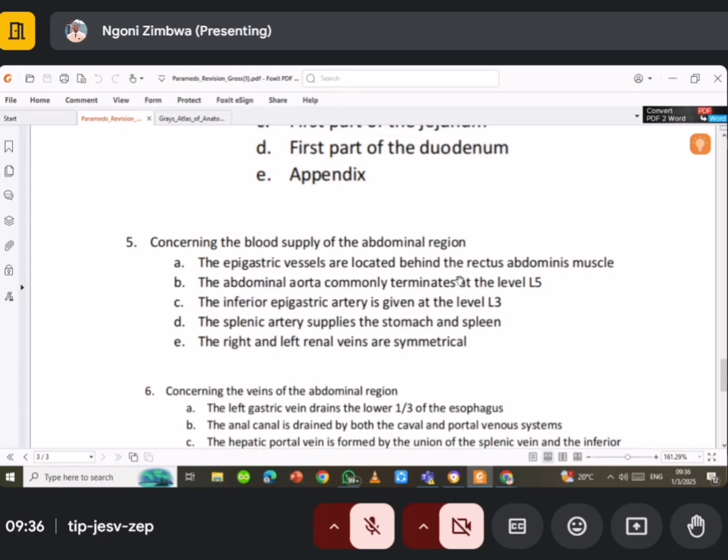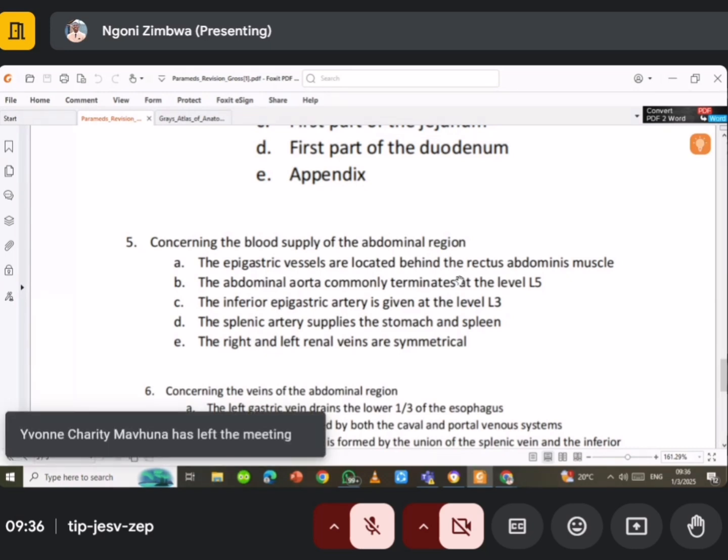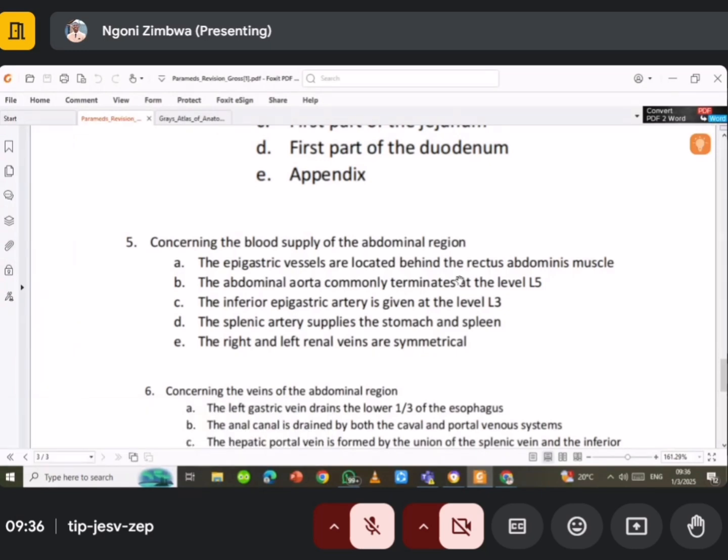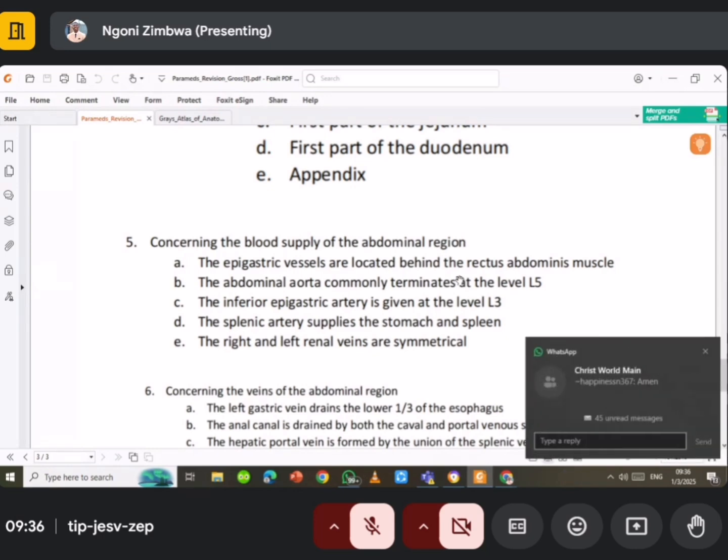At the level of L1, which we say is the transpyloric plane, we have the superior mesenteric artery. At the level of L3, you have the inferior mesenteric artery. Then at the level of L4, you have the bifurcation of the abdominal aorta. Just like that.